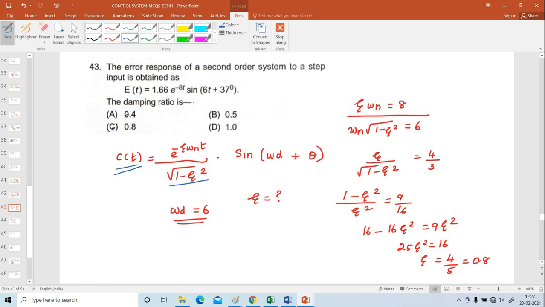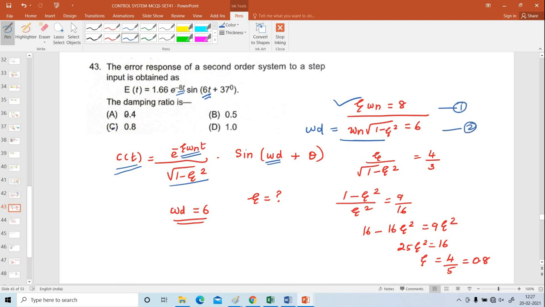From this, comparing, ζωn = 8 and ωn√(1-ζ²), or ωd, is equal to 6. So this is equation number 1 and equation number 2.